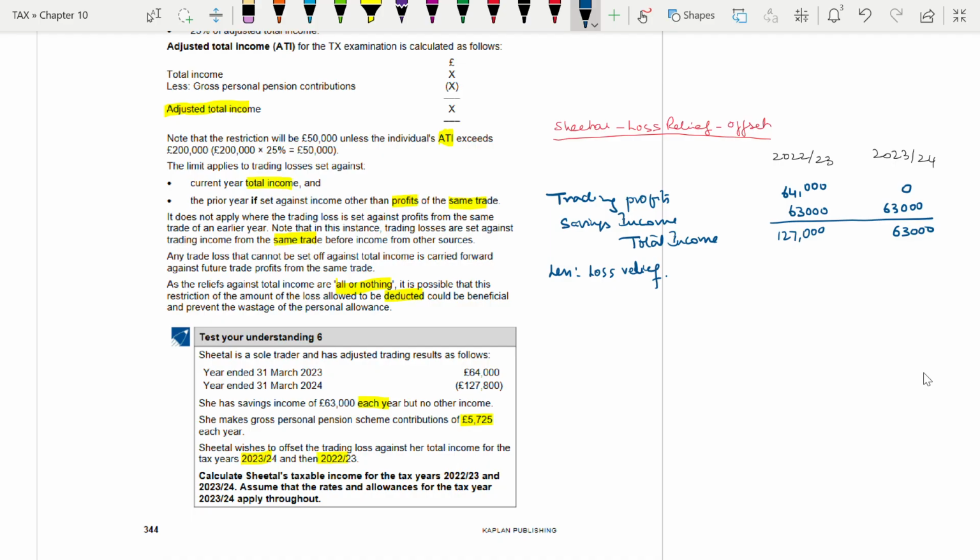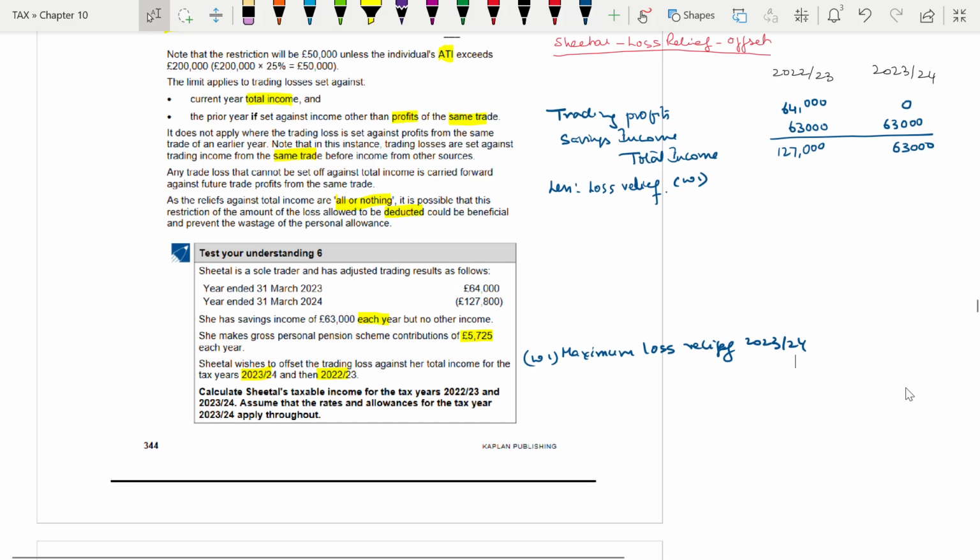How do you have to calculate? Put it as a working one. When you are doing maximum loss relief for 2023-24, what is the total income for them?